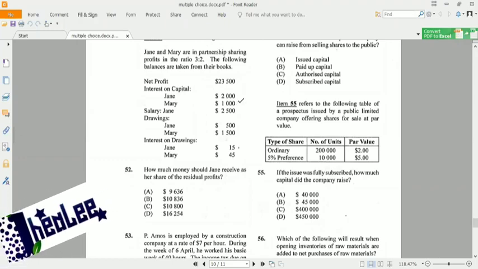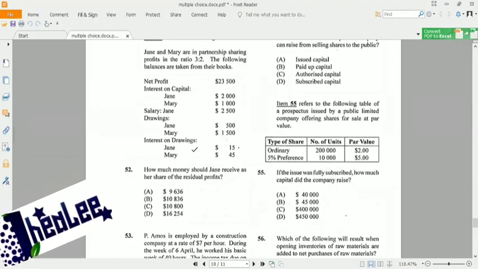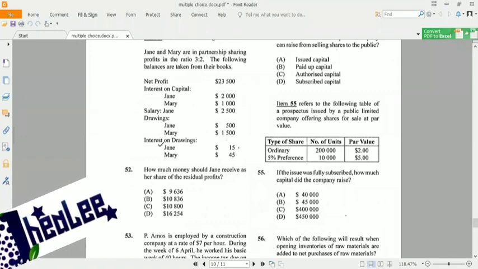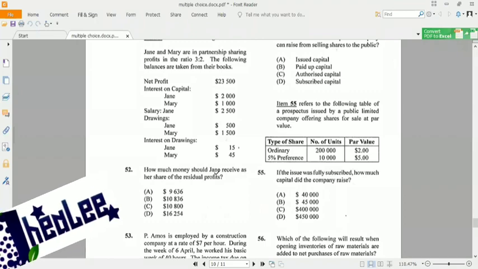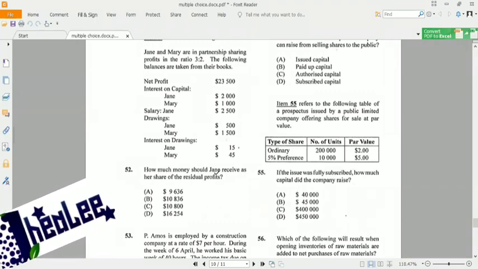And we have salary, we have drawings, and we have interest on drawings. Which information would be useful in getting the value for the residual profit? We're not looking at what Jane should get yet. But the first thing we need to do is to find out what is the profit that is remaining after appropriating.